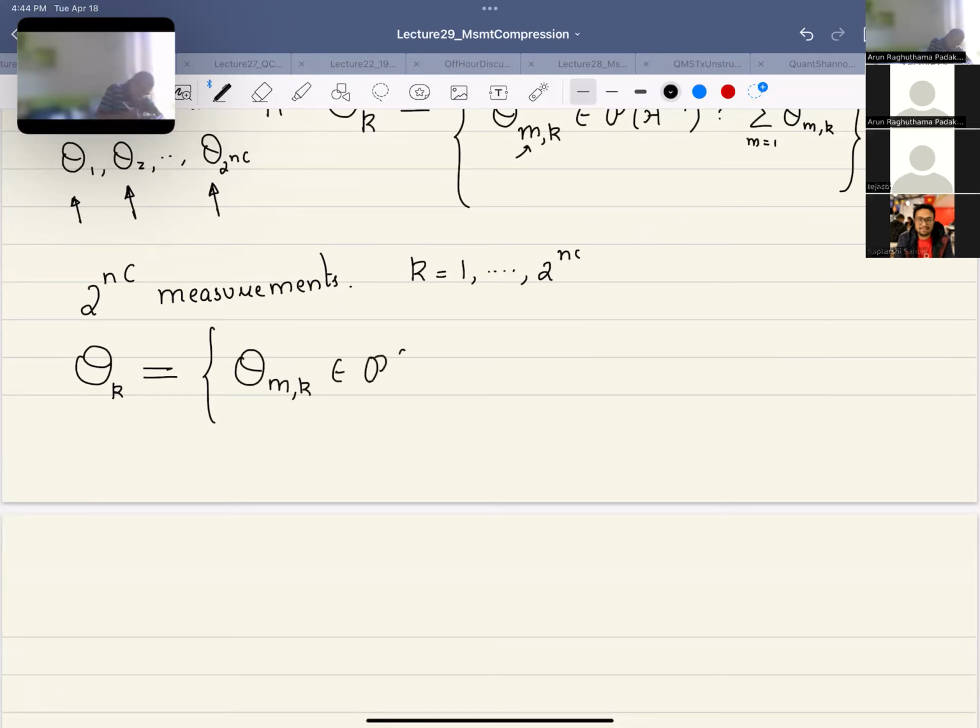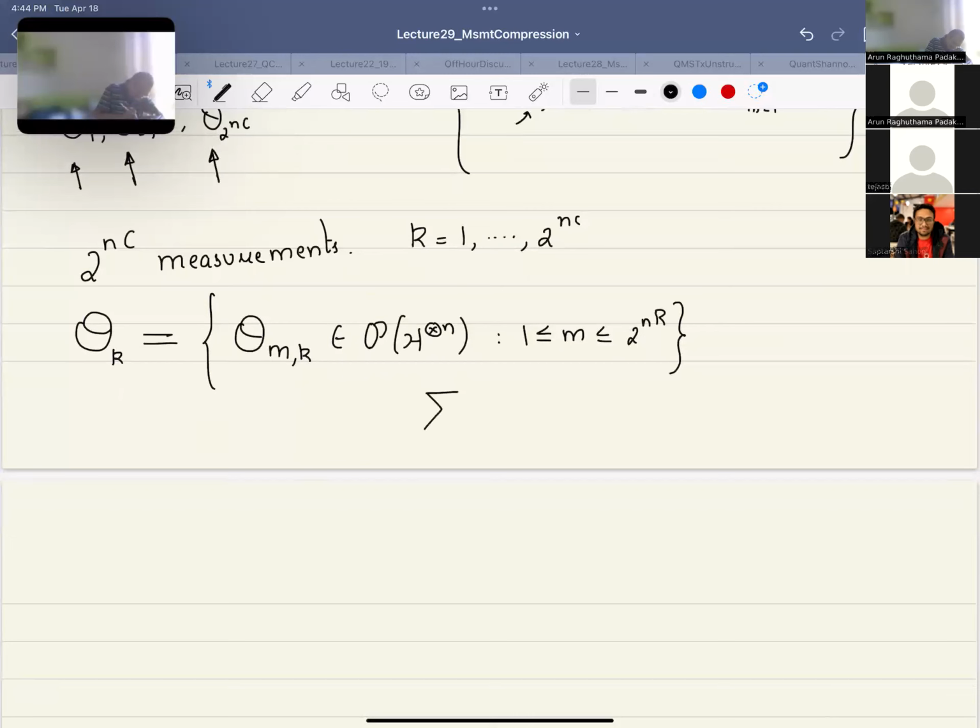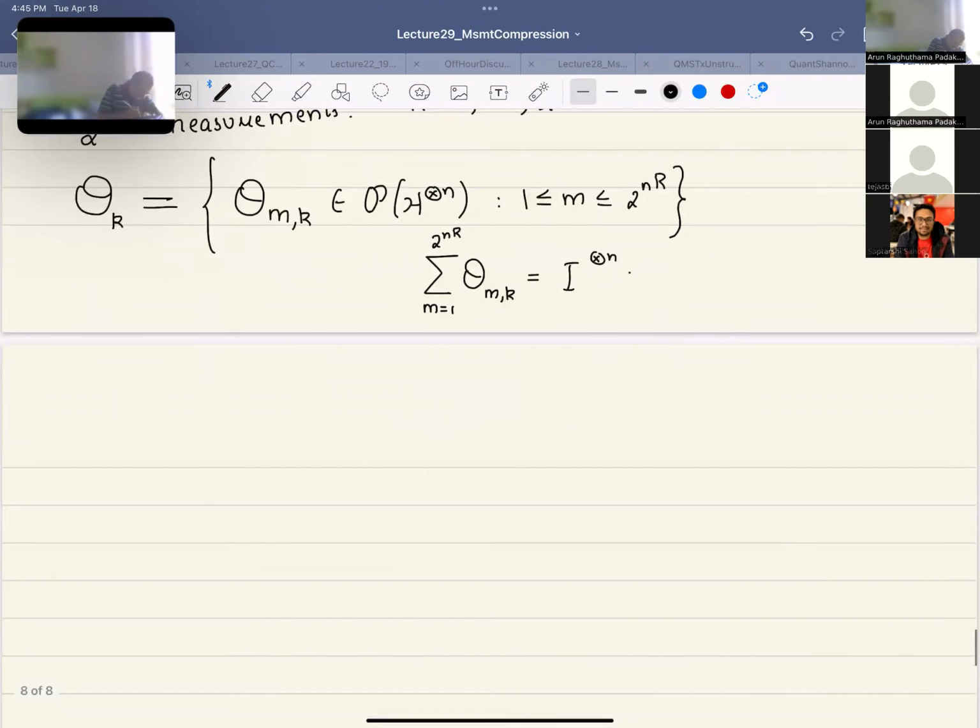This is a positive operator operating on the n-particle space, with m running from 1 to 2 power nR. If I fix a k and sum over m, I'm going to get identity. What is theta_{m,k}? I haven't told you what each operator is.